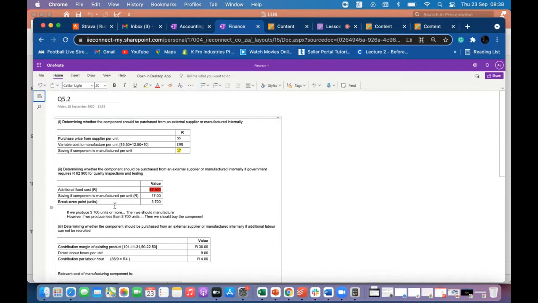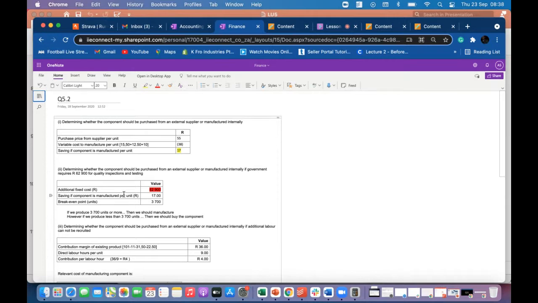Well, basically what we're saying is, okay, this is a fixed cost that has arisen as a result of this product because of the inspections. So if we can actually cover the fixed costs as a result of selling this component, then we should produce it, because we are only incurring this as a result of this product.